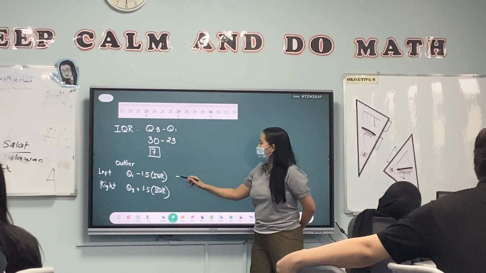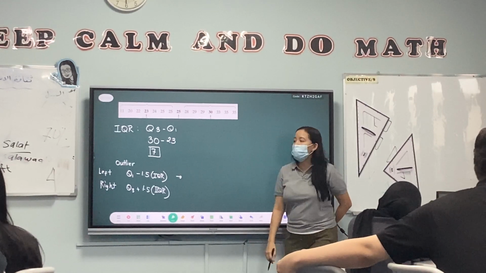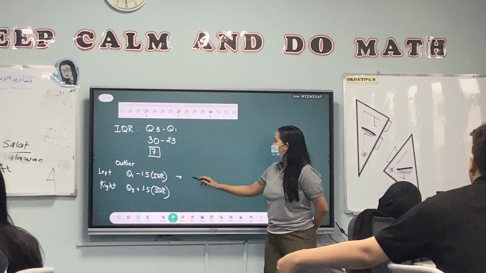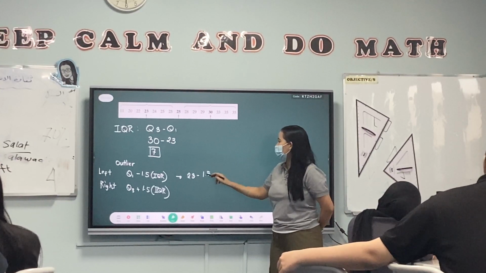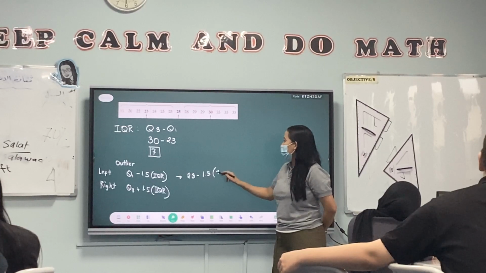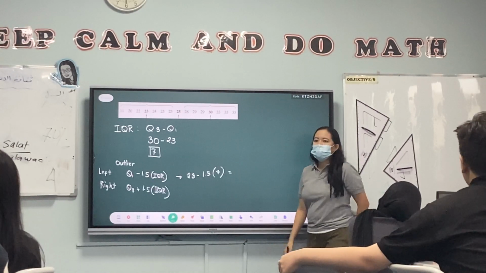Now, let us solve. What is quartile 1? 23 minus 1.5 times what is IQR? Will you please tell me what's the answer?